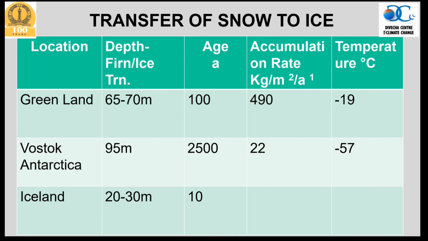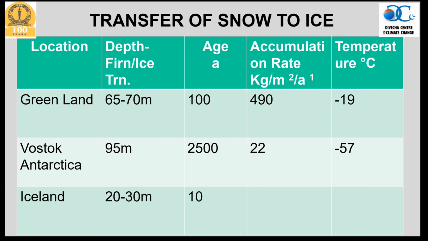The key question is how long it takes for snow to get converted to ice on glaciers, whether in Greenland or in Antarctica. In Greenland, the depth at which snow or firn is converted into ice is approximately 65 to 70 meters.